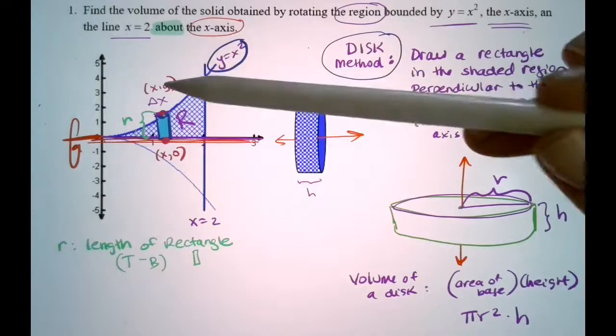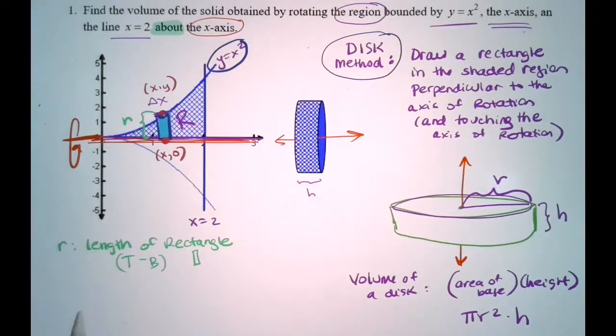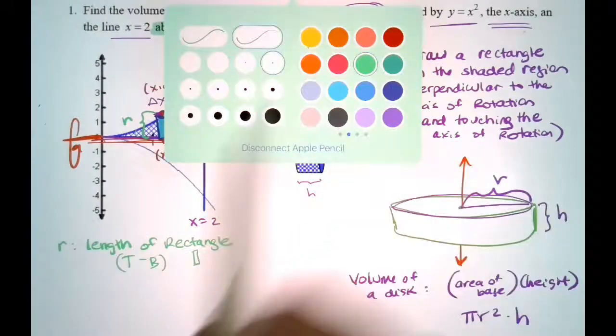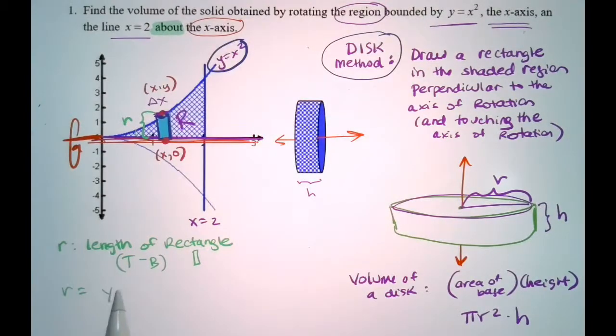So R, I'm going to say, in this case, is Y minus 0, which I'm going to substitute right now because y is really x squared. That's my rule. If I have a rectangle drawn in a vertical presentation, my integral should be all in terms of the x variable. So that's a way of describing what that r is.